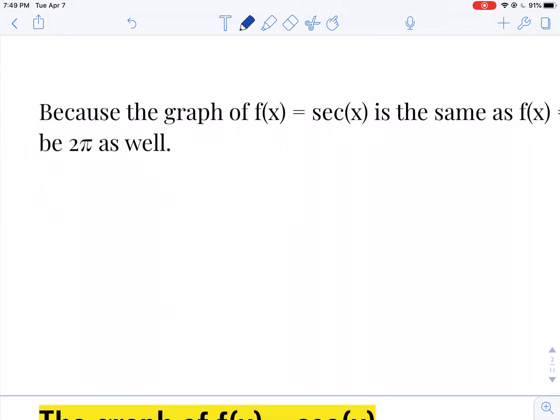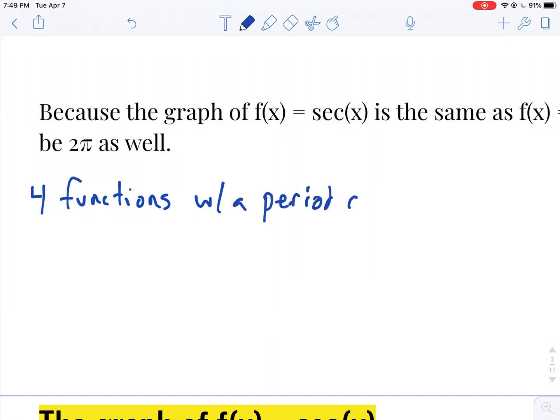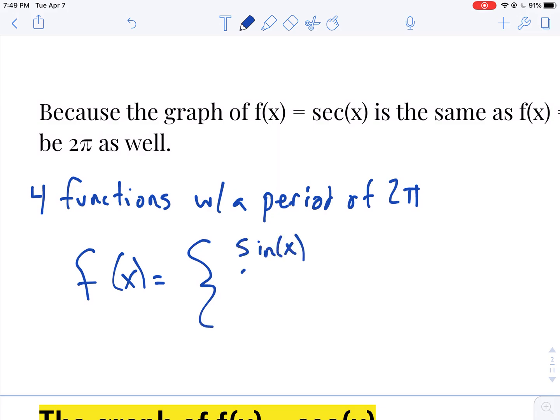So now we have 4 functions with a period of 2 pi. And those 4 functions are when f of x is equal to the sine of x, the cosine of x, the secant of x, or the cosecant of x.